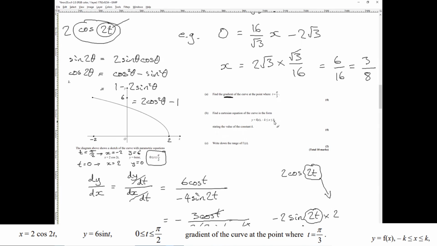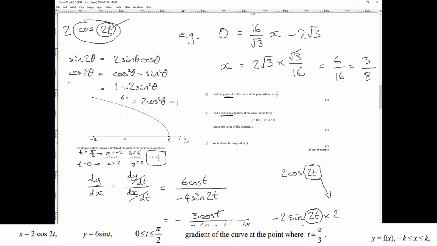So when we've done the main work here in part B, which is finding a Cartesian equation, do you know what Cartesian means? Yeah, in the form y equals mx plus c. Oh, only if it's a straight line.